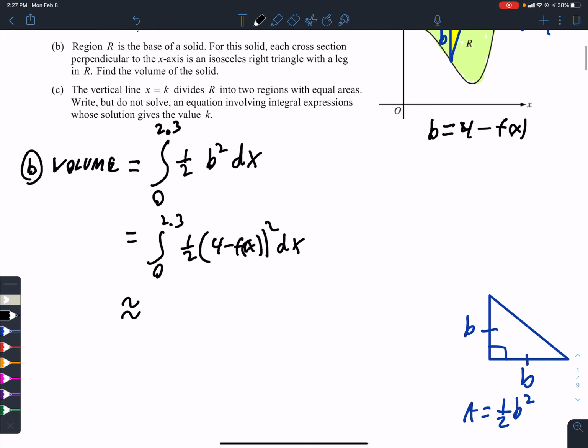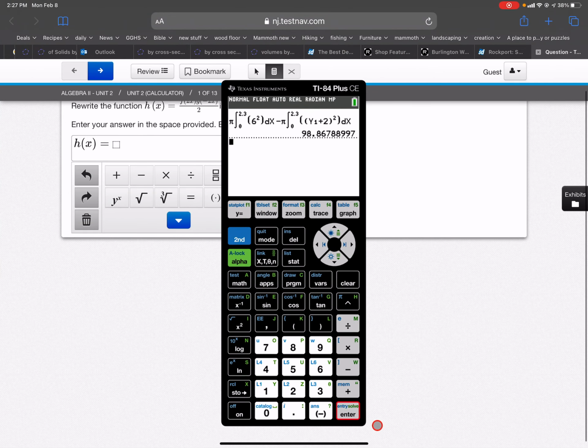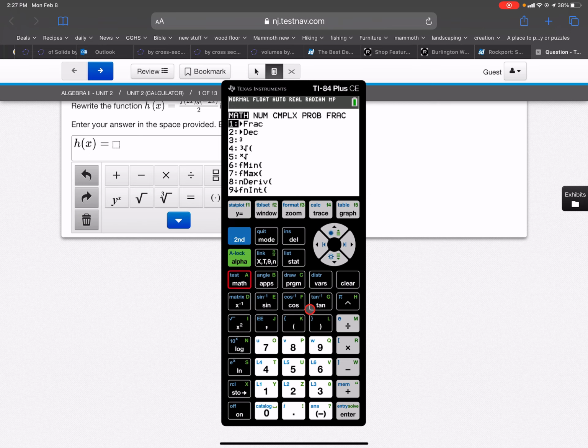So let's do this. Back to the calculator. So I'm going to do 0.5 for 1/2. And I'm going to math 9, integrate 0 to 2.3 again. It's going to be b squared, which is, okay, I didn't write down, but it's 4 minus y1.